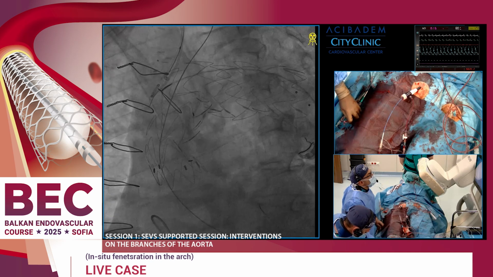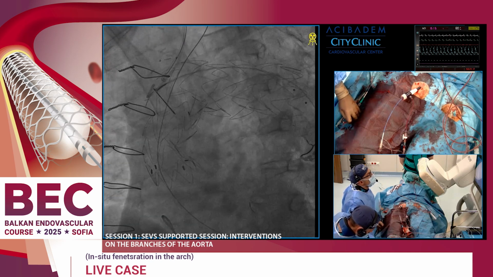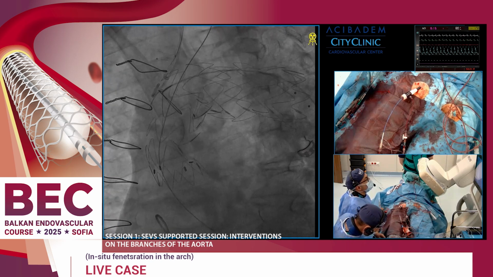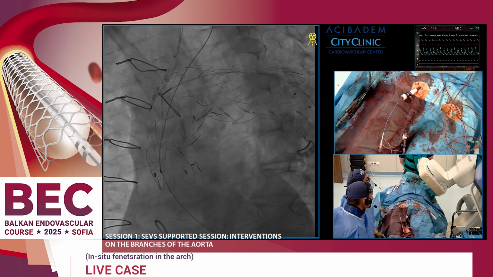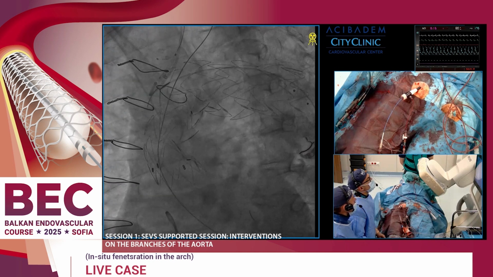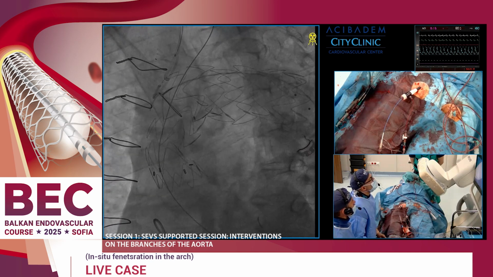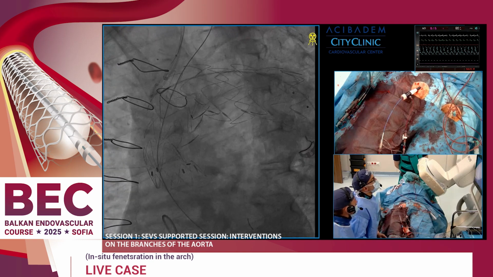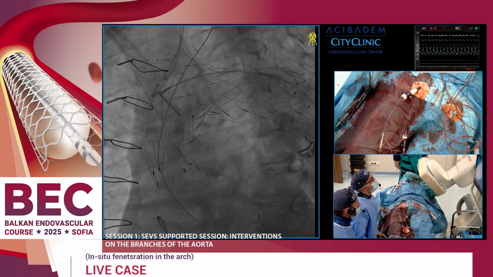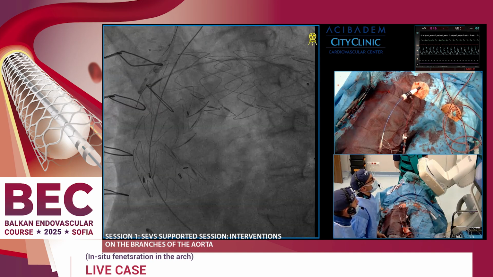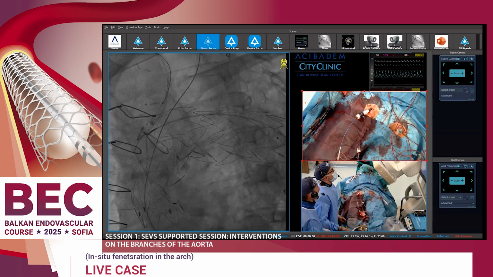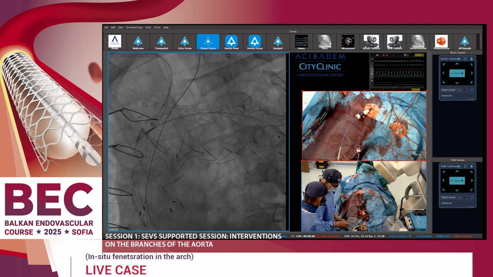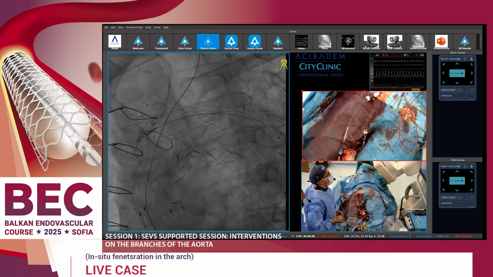Now we're going to connect the catheter with the wire. I would like to take a look. Do you see the points? Perfect. Okay. Now I will try.